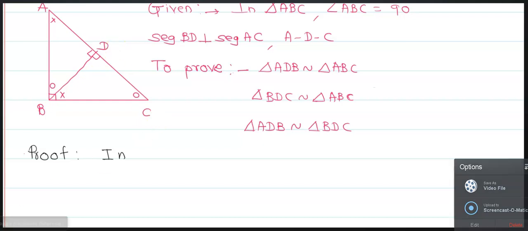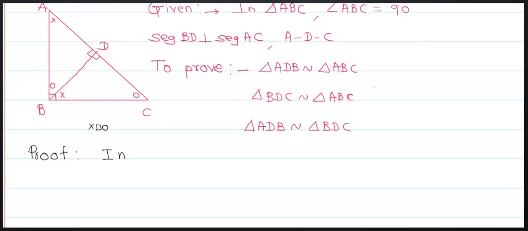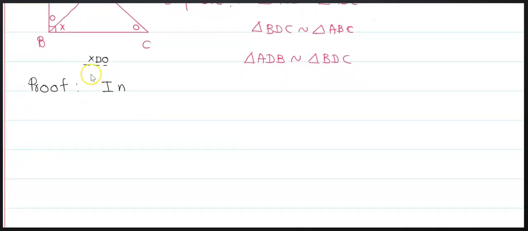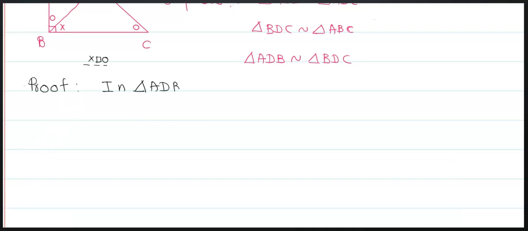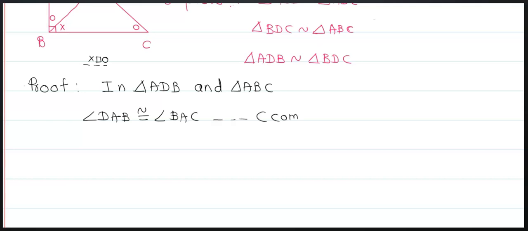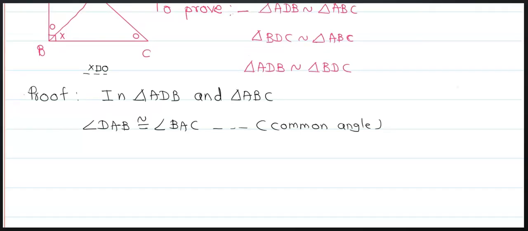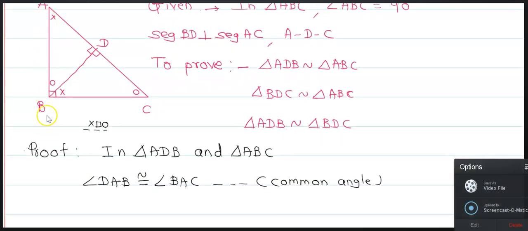Now we will prove this here. I had written my sequences here: cross, 90 and the small circle. In triangle ADB and triangle ABC, angle DAB is congruent to angle BAC, which is the common angle.